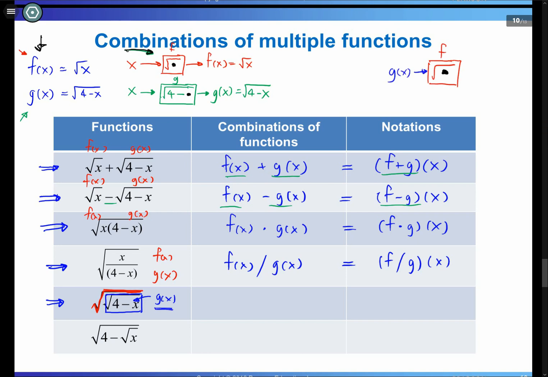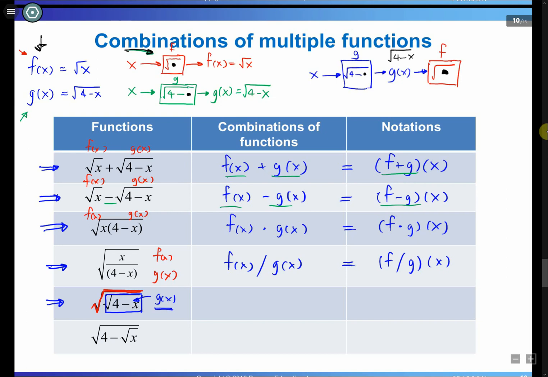Okay? And in order to get g of x, you need to pass x through g. And g is square root of 4 minus something. In order to get this g of x, which is equal to square root of 4 minus x. Alright?